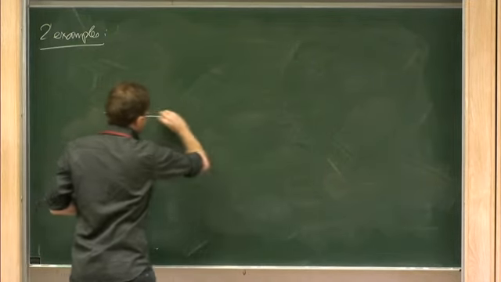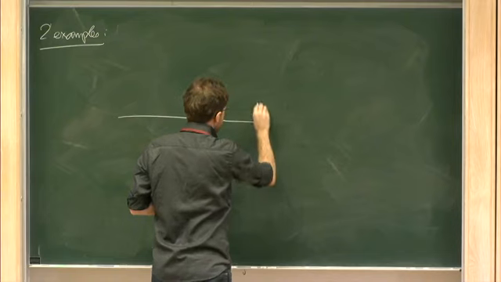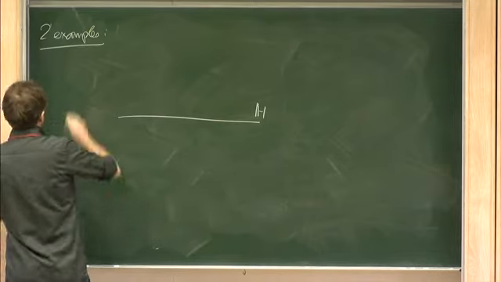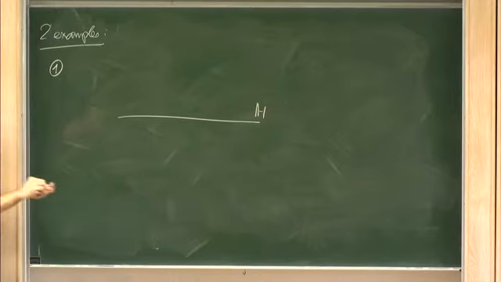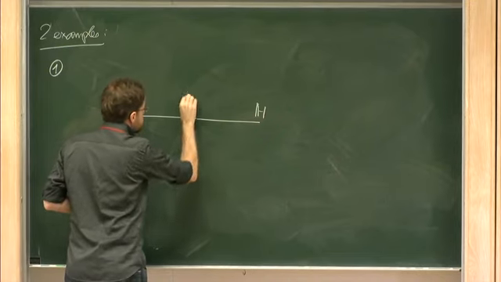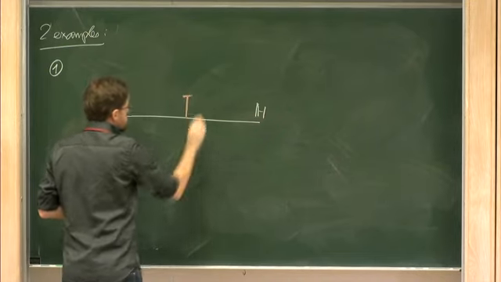So if you have the upper half plane and you want to remove something from it that has a simply connected complement, so the first thing you might want to remove is just a straight vertical segment here.